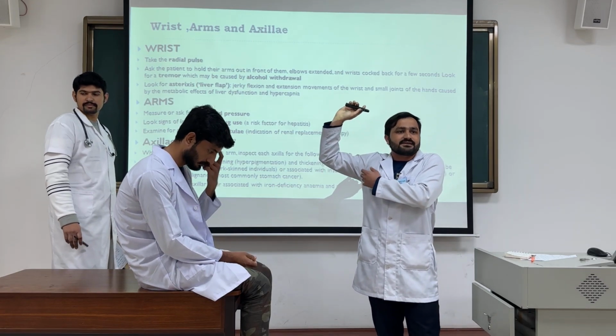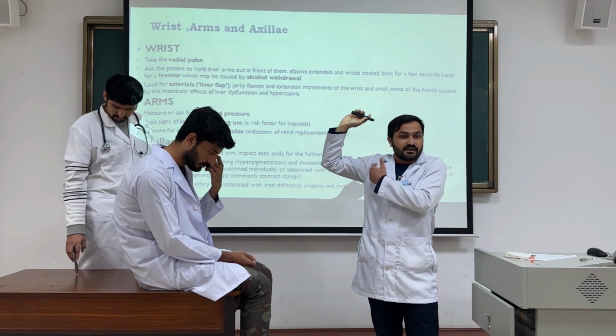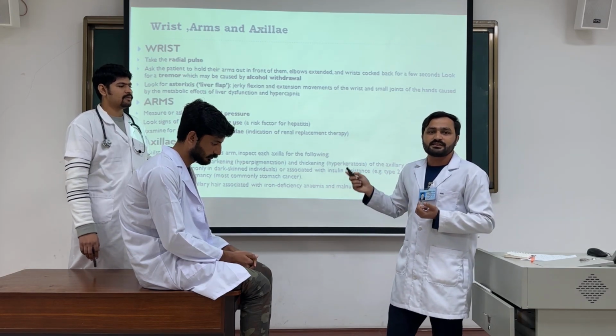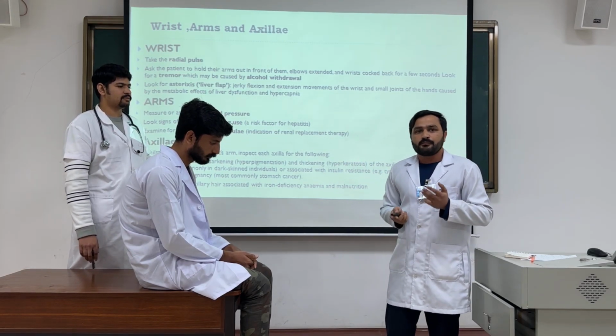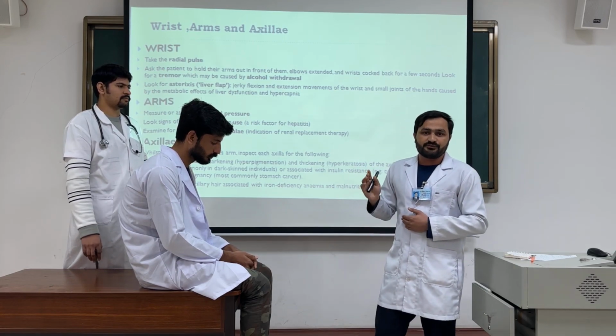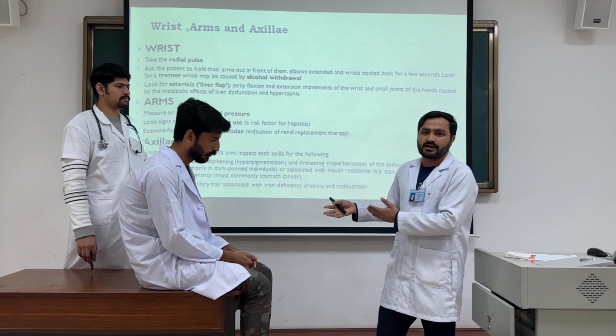If you see a darkening or thickening of the skin of the axilla, it indicates that there is something wrong with insulin resistance. It means that the insulin is there, but it will face some resistance to work.